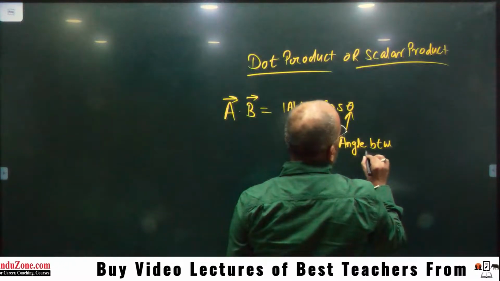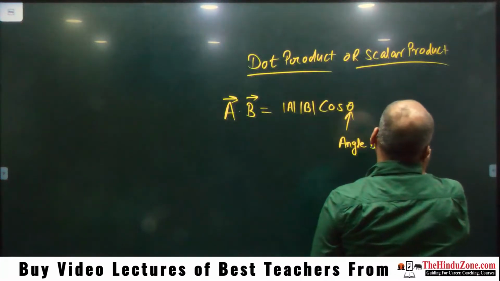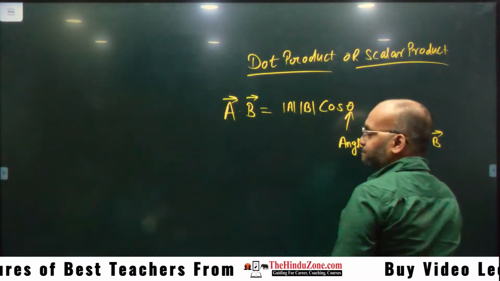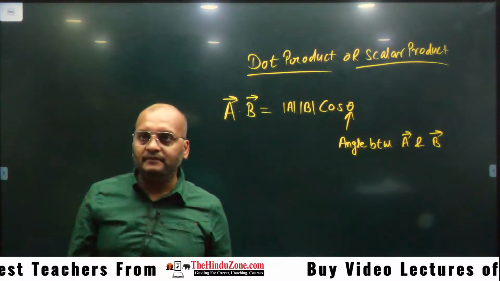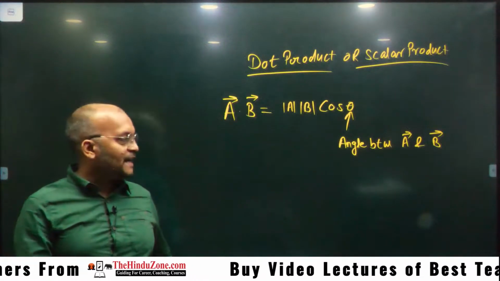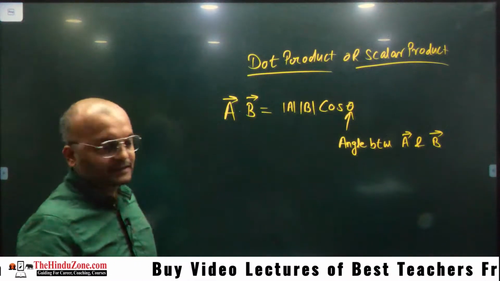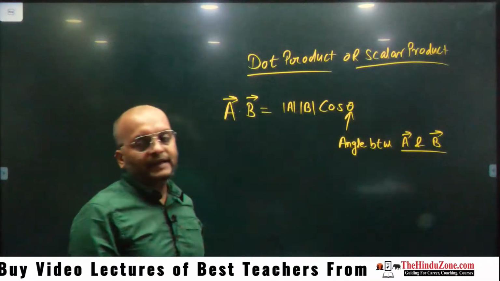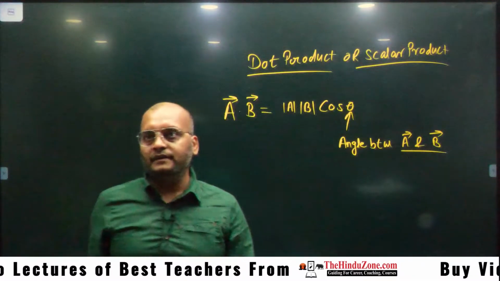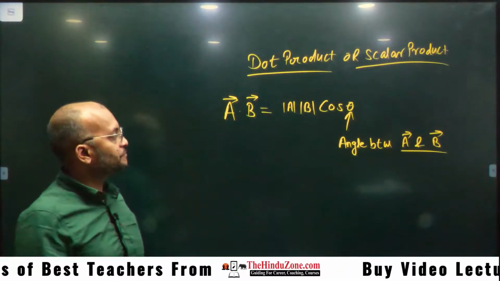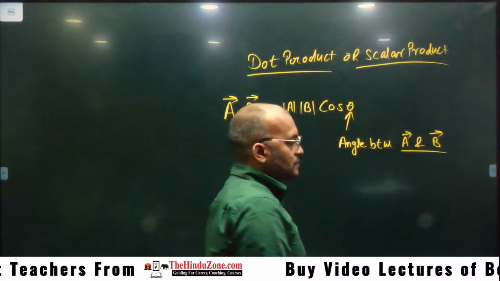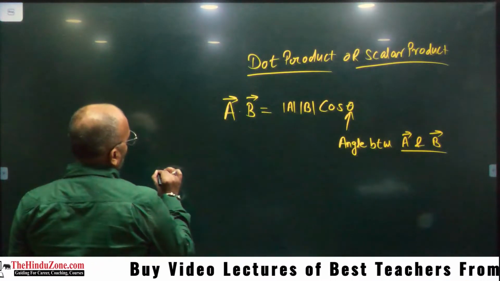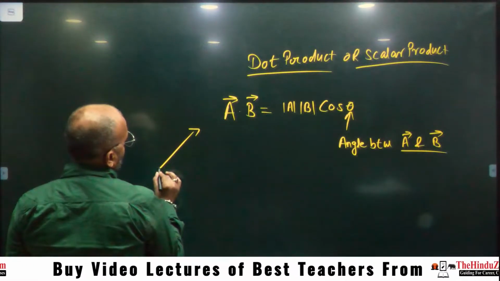It is between, not by. It is the angle between vector A and vector B. So suppose I am multiplying two vectors.